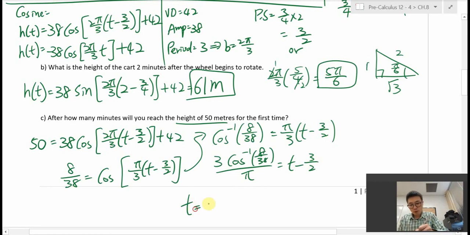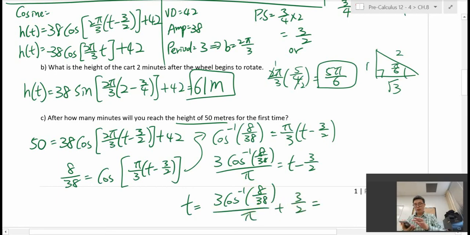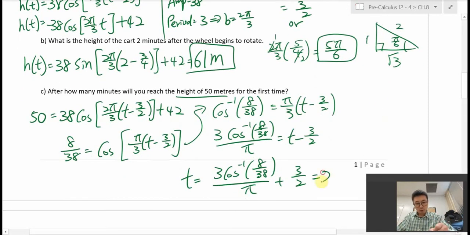Finally, to solve for t, you simply add 3 over 2 to this side. Now we can put this into a calculator: inverse cos of 8 out of 38, times 3, divided by pi, and then plus 1.5. This is going to be 2.8 seconds, or 2.8 minutes.